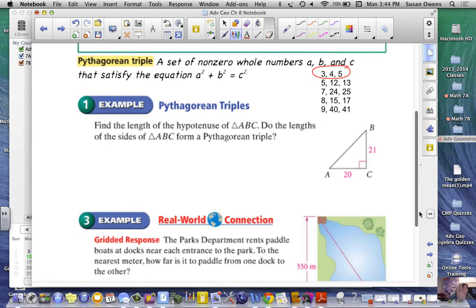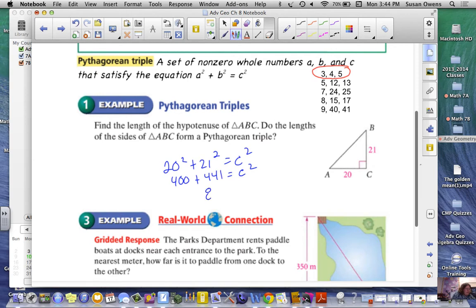So for this example, if I want to find the hypotenuse, does it form a Pythagorean triple? So I want to see if I take 20 squared plus 21 squared, what do I get? So this is 400 plus 441 equals c squared.